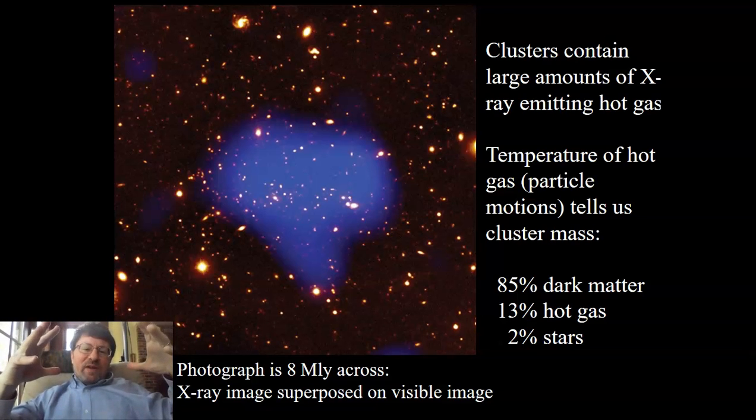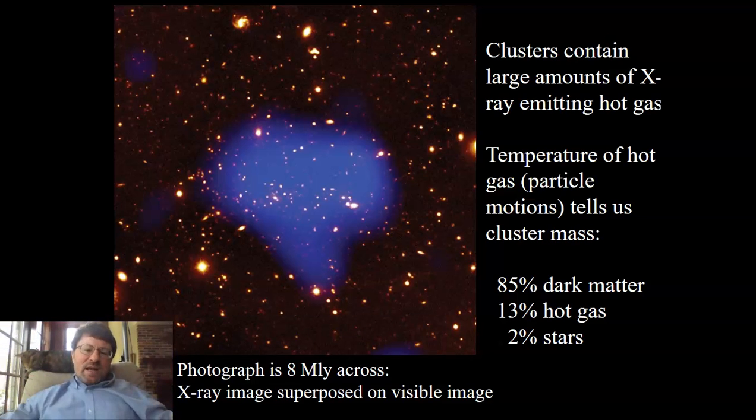Imagine you have a hot blob of gas. What it likes to do is expand unless something's pulling it back, unless gravity is pulling it back. And if you only accounted for the mass of what you can see, the galaxies and the stars and gas clouds within them particularly, then this gas cloud here emitting the X-rays would have expanded and dissipated and cooled.